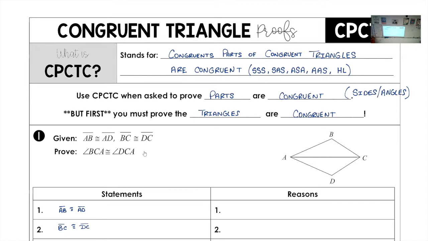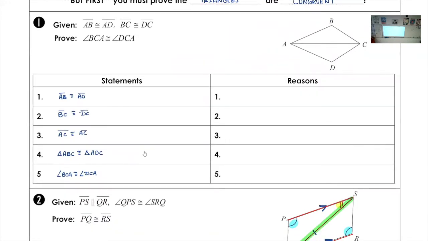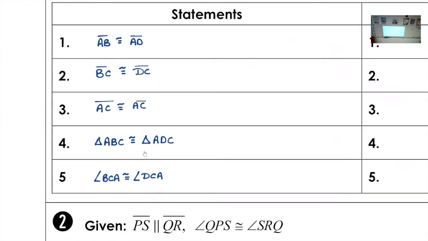So when we're asked to prove that parts are congruent, we first have to prove our triangles are congruent. So we're just going to do a bunch of proofs. You guys have the blue written in there, correct? Let's do a little rewind flashback to yesterday. What is different about our statements today versus the ones we've been doing for the past 2 weeks?